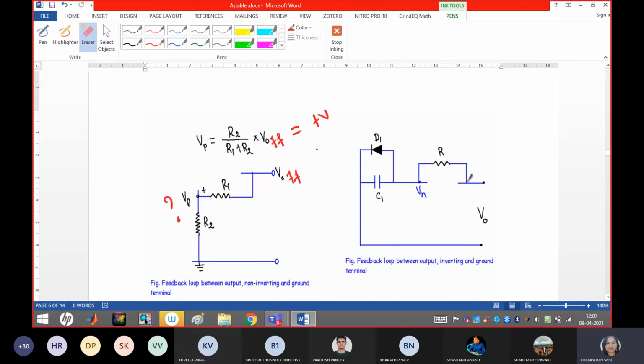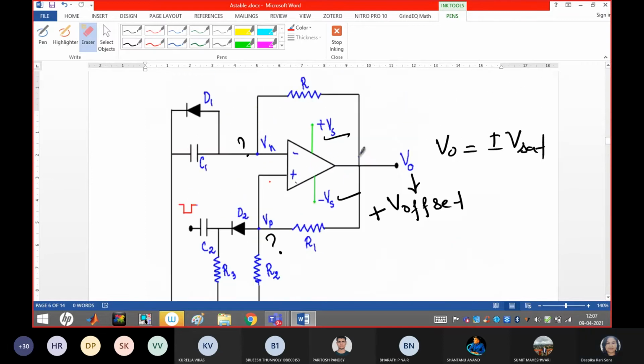Now if you see the circuit, this Vp is positive. At this point, initially my capacitor is uncharged, as I have not applied any voltage. If the capacitor is uncharged, what will be the voltage at Vn, guys? This voltage will be 0 volt because the capacitor is uncharged. Now the concept of the op-amp says we have a very high gain.